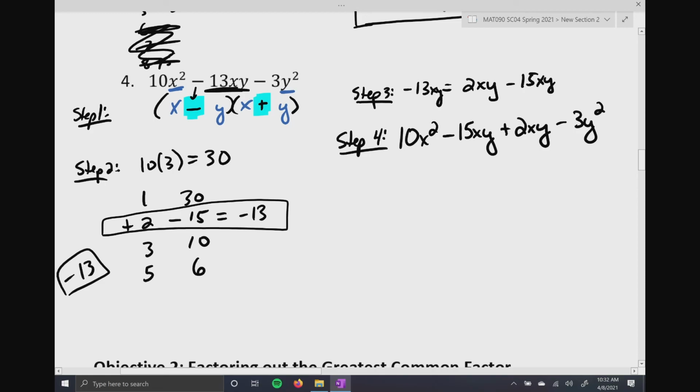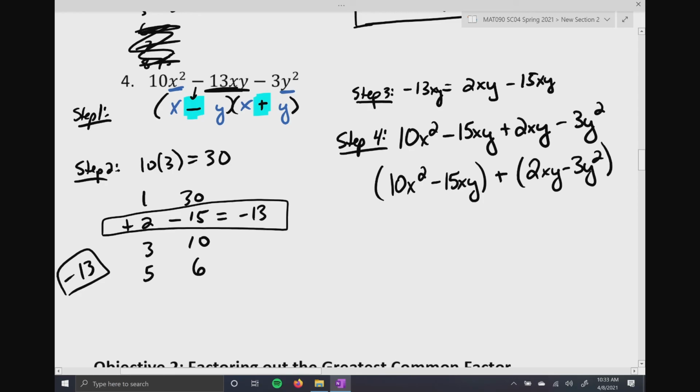So those variables are also going to be when you rewrite it. Nothing changes there. Think of it as like the last name. Negative 13xy. Last name is xy. Good? Now, factor by grouping. 10x squared minus 15xy plus parenthesis 2xy minus 3y squared.